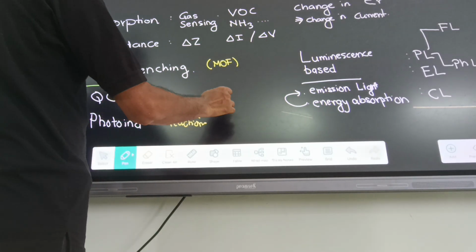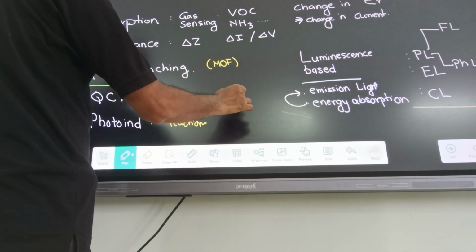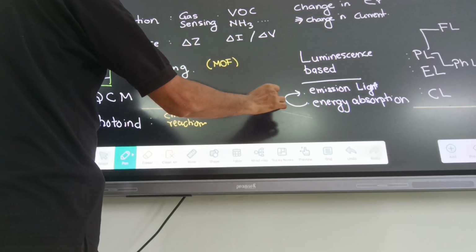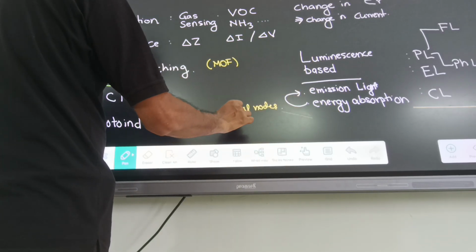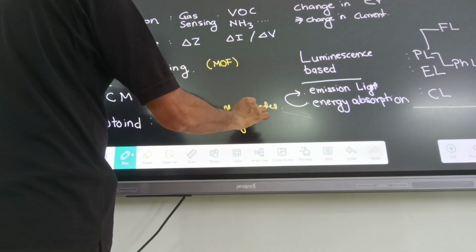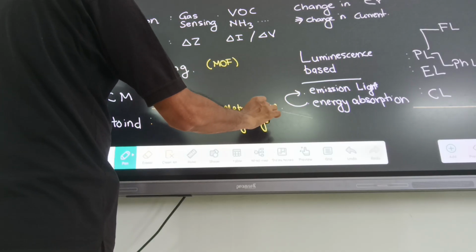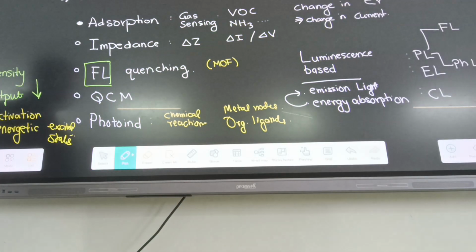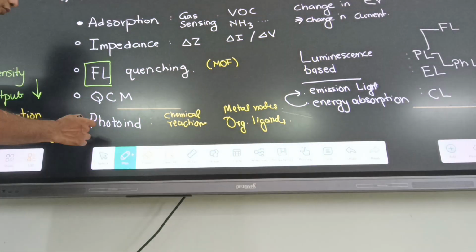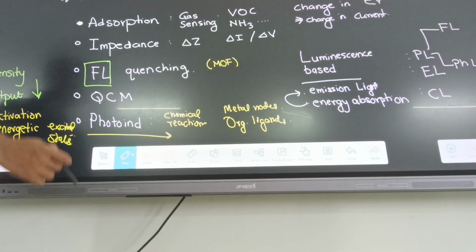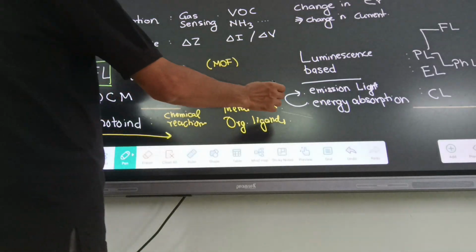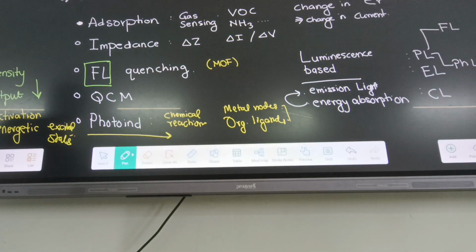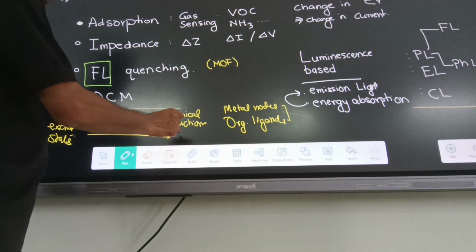So the metal nodes or the organic ligands can get activated due to some chemical reaction or due to some photonic inclusion, and they can react differently. So it can be a redox reaction also.